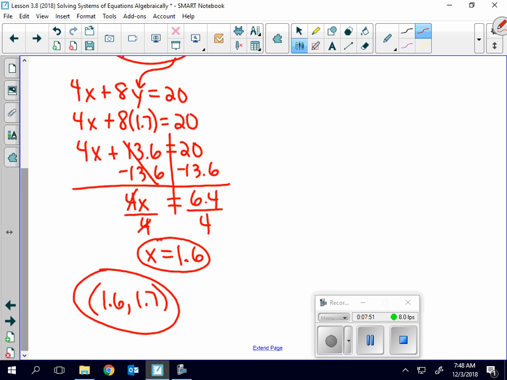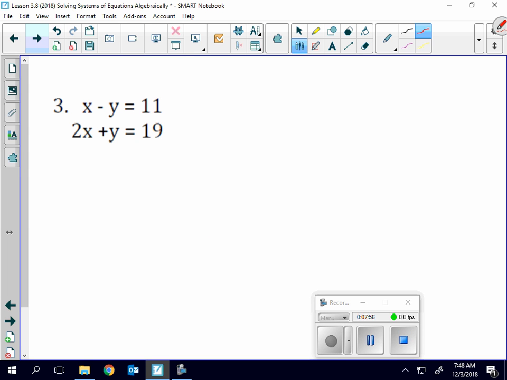Let's do one more like that. Hopefully this one will come out as whole numbers. Okay. This time, it's not the x's that are going to cancel out. It's going to be the y's, which is fine, as long as you have one variable cancel out. So if I add these up, you can see that a negative y and a positive y will equal 0.